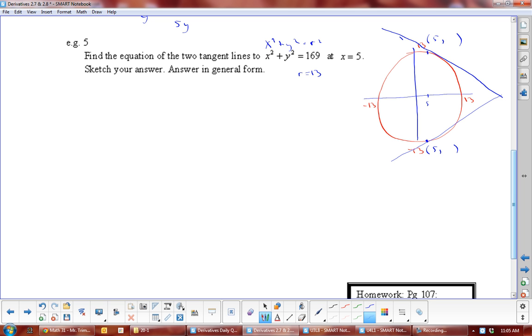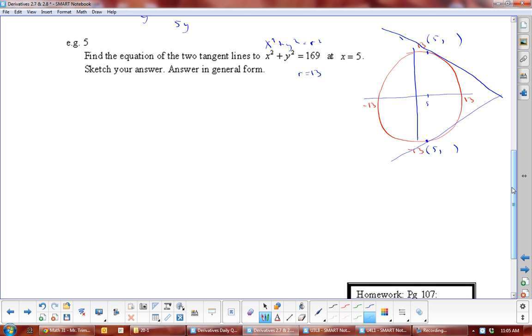Thank you. Okay, so that's what I'm trying to find. I want to find the equations of those two lines. Since we have to find the equation of a line, I do need the y. So why don't we find the y value right now, and that way we can even put it into our diagram.